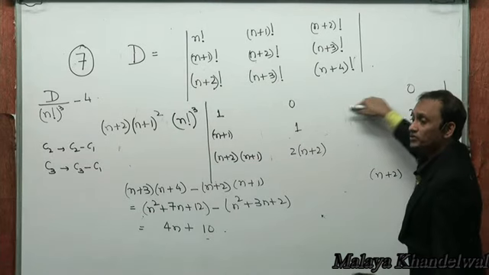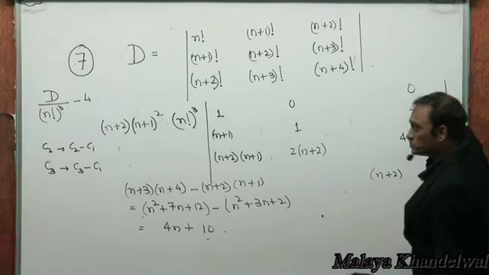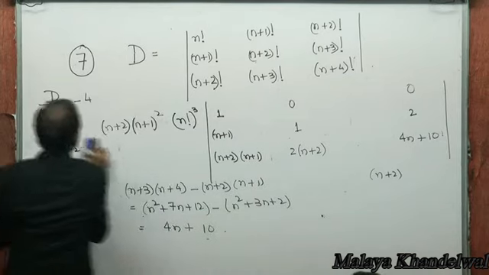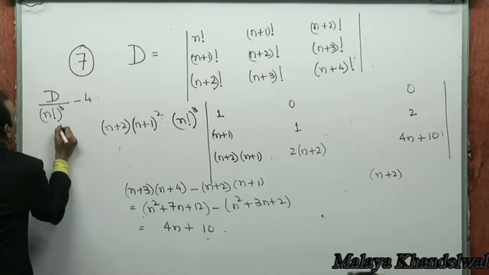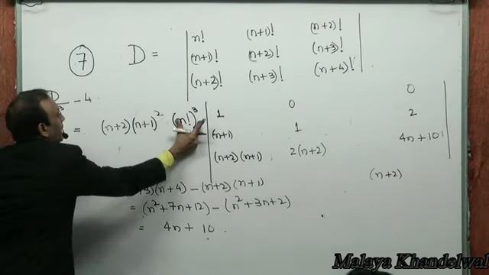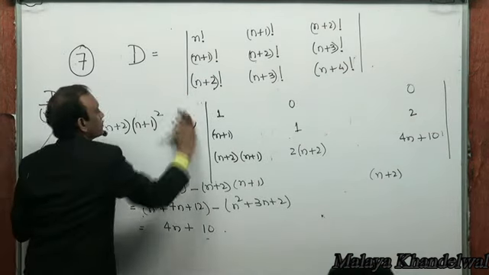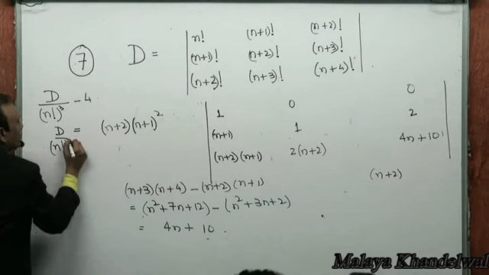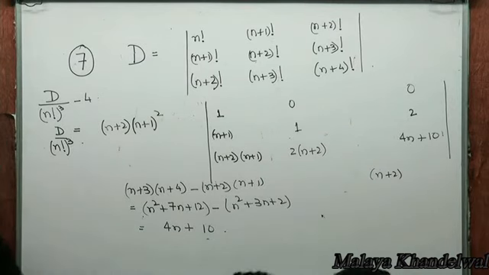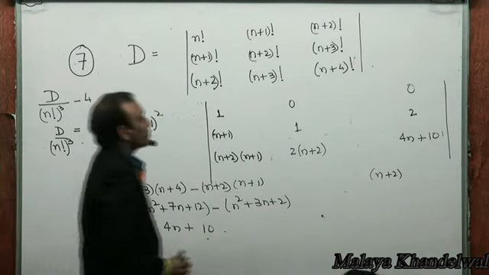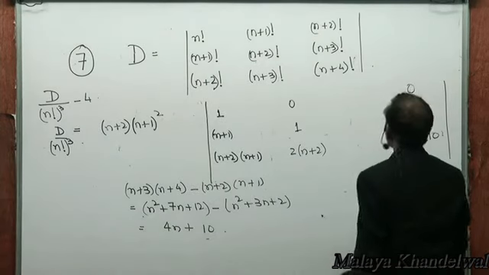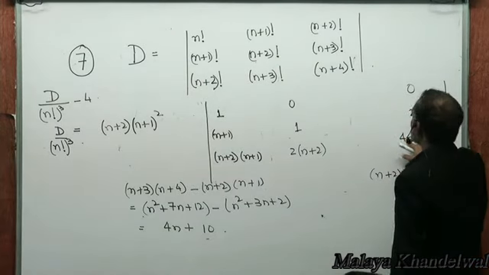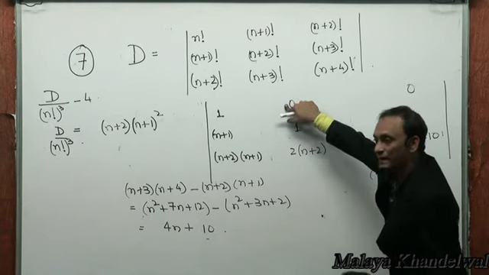Now you expand about the first row, and this D by n factorial cubed is what you need to deal with, right? And this into this minus this into this, if you expand about this.